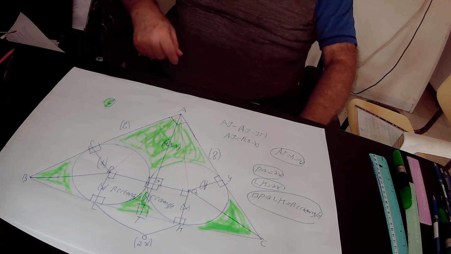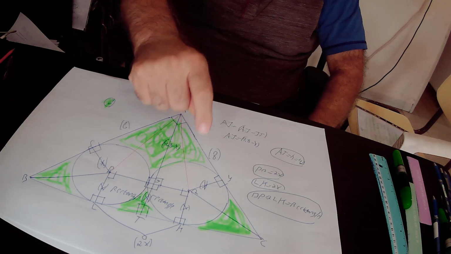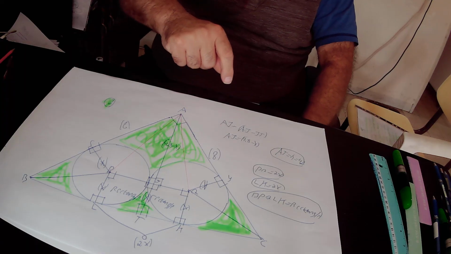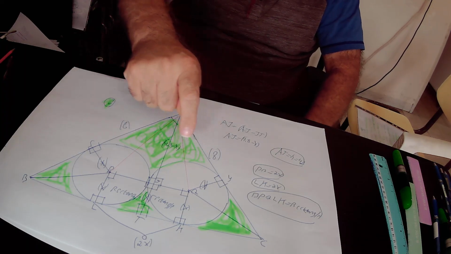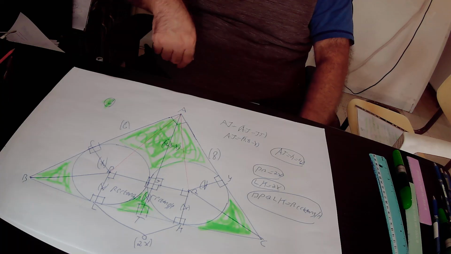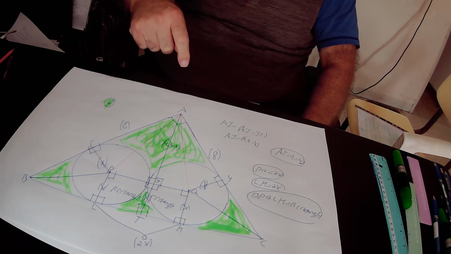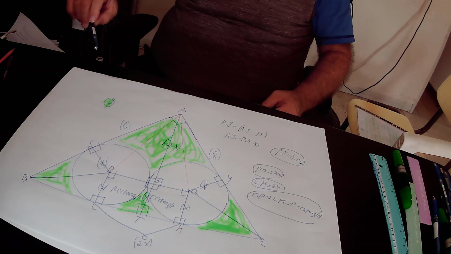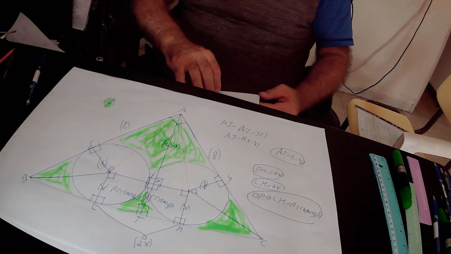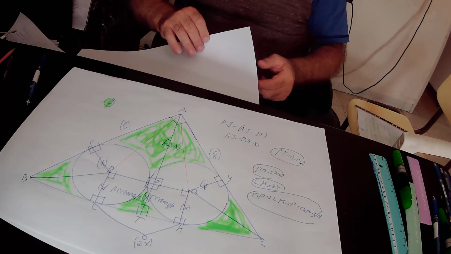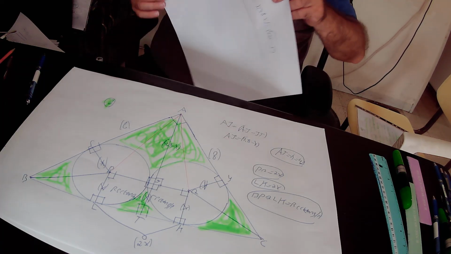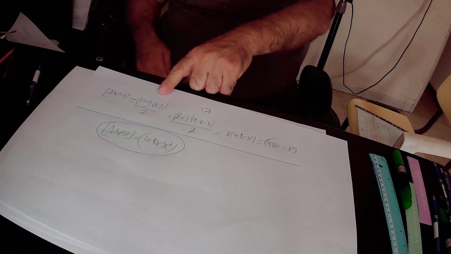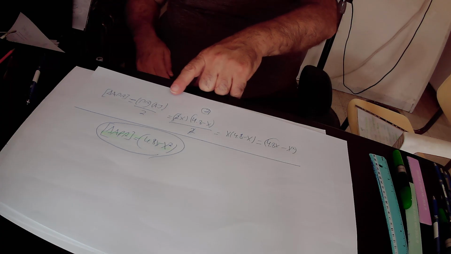The next step, we focus on this triangle APQ. The area of triangle APQ equals the base PQ times the height AJ over 2.